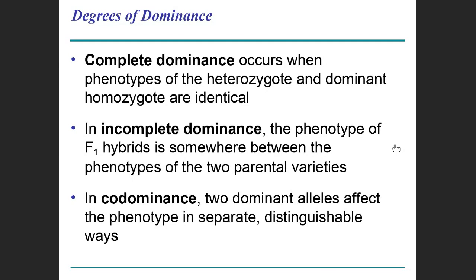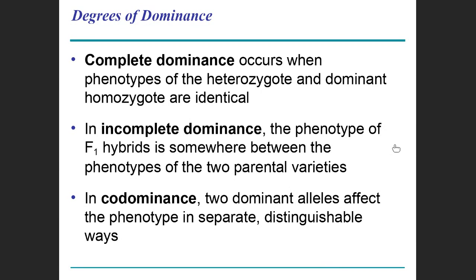There are cases of incomplete dominance where the phenotype in the hybrids is intermediate. So it doesn't look like either one of the parents, but it's an intermediate phenotype. But when we talk about incomplete dominance, we are talking about the phenotype being incompletely dominant, not the actual expression of the alleles.